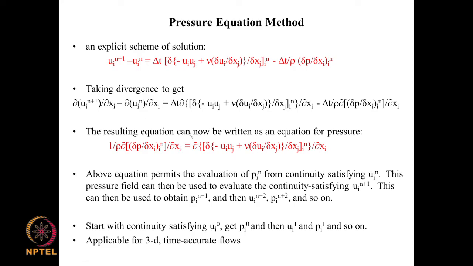So, we are not solving repeatedly for u i n plus 1 and p i n plus 1. You get this u i n plus 1, immediately go on to get p i n plus 1, and you are not coming back to u i n plus 1; you are going to u i n plus 2 in this case.